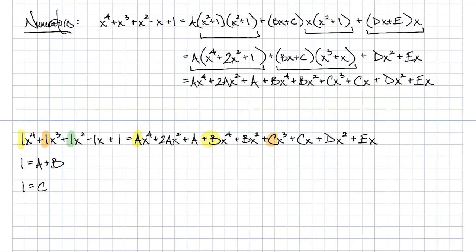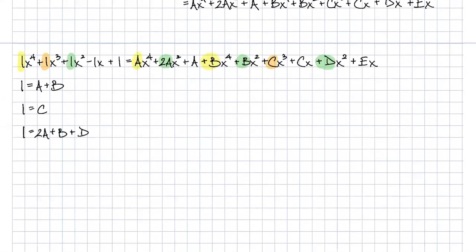Now I have to look for all the x squared terms on the right-hand side. 2a plus b plus d. So 1 equals 2a plus b plus d. All right, let's take a look at all of the x's. -1 equals cx, or c, plus e.